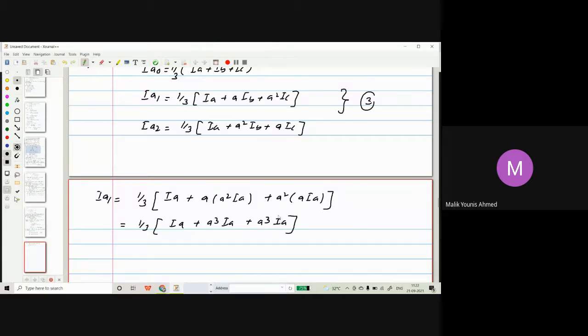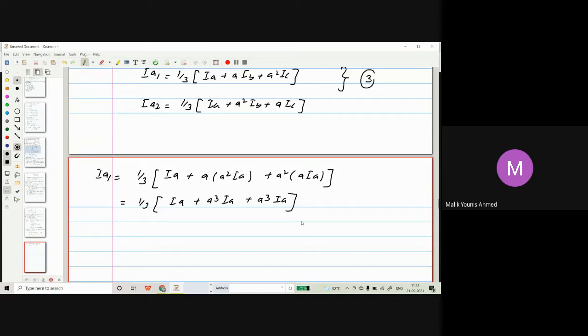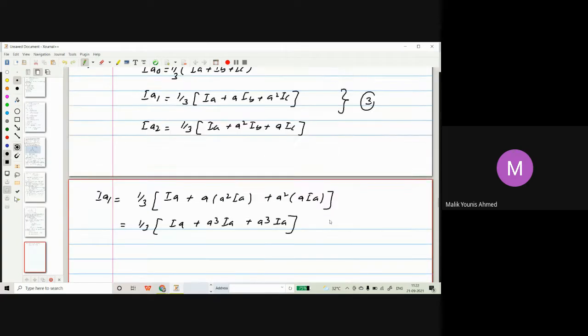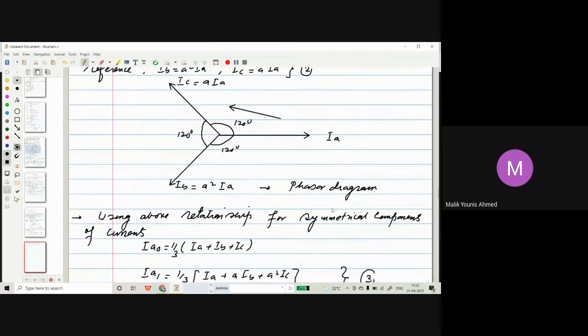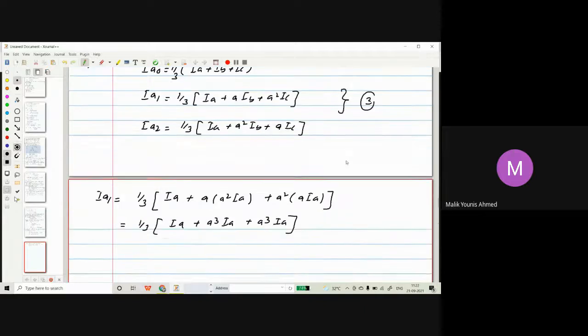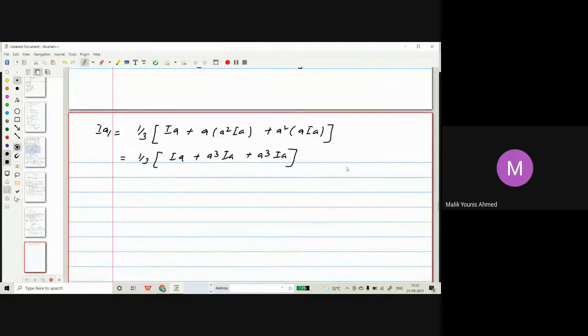I have told you A cube is again 1. Why? Because you will be reaching the same place. This is A, this is A, this operator is A, so you are reaching the same place. A cube is equal to 1 at an angle of 360 degrees, so that's the reference point, which is equal to 1.